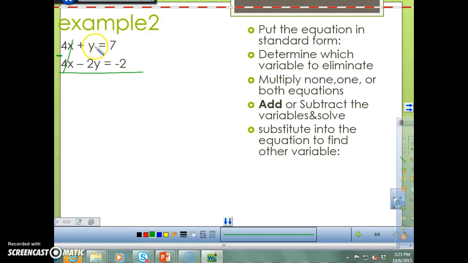But y minus a negative 2y is 3y, because a minus a negative is the same as add. Equals 7 minus negative 2, which is 9. So you've got to be careful of those double negatives.